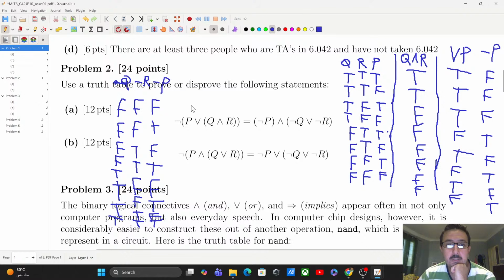So I got OR, Q and R, FF, false, is OR. I got FF, false, FT, true, FT, true, TF, true, TF, true. How many ones? 1, 2, 3, 4, 5, 6.